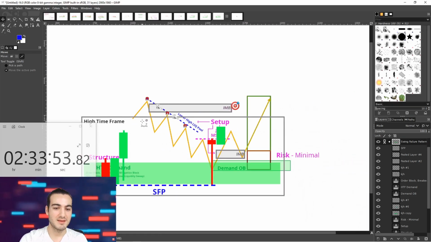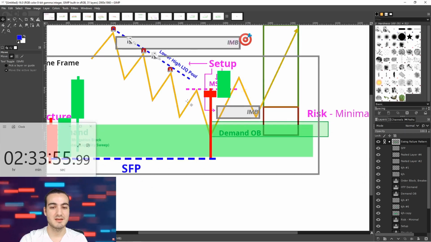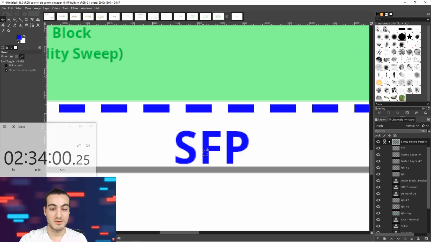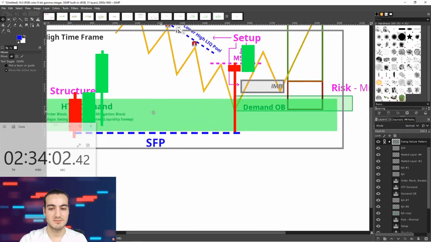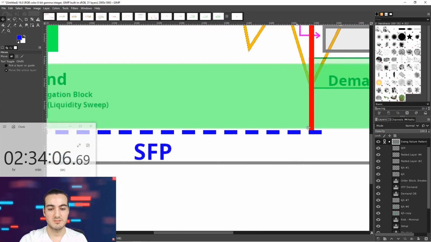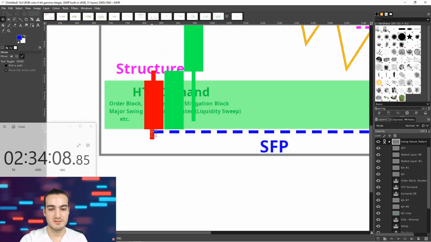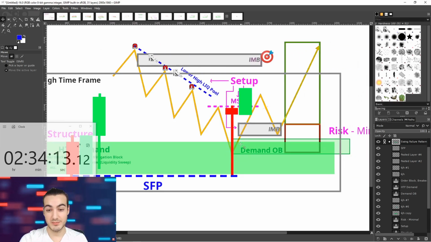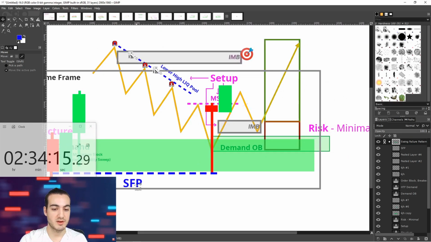Okay. And then we're coming down to it again, and rather than having a regular break of structure down here, we have the swing failure pattern. So we have this tiny body and the big wick comes down, and maybe it goes a little bit lower than the previous lower low, but it doesn't close below it, creating the swing failure pattern.